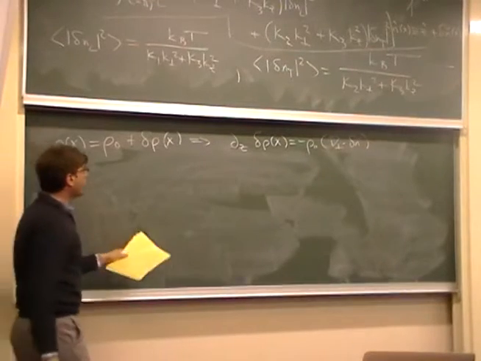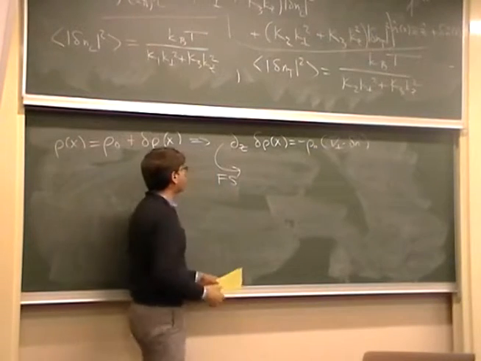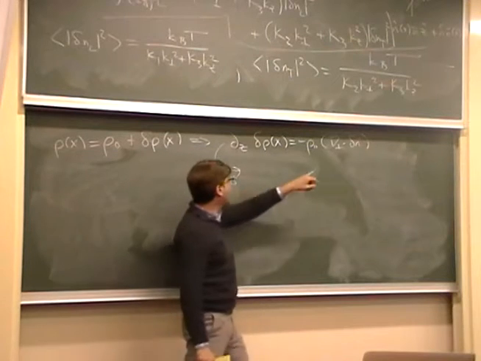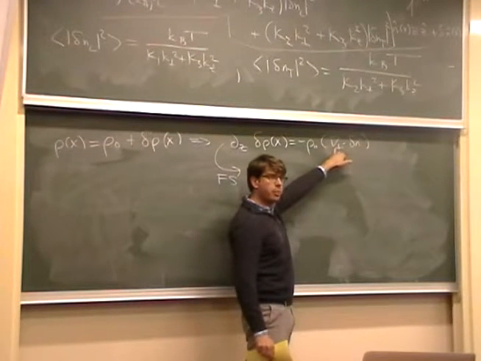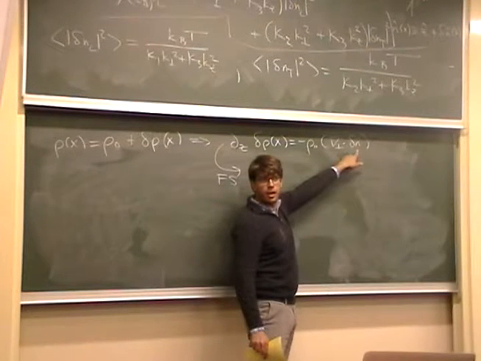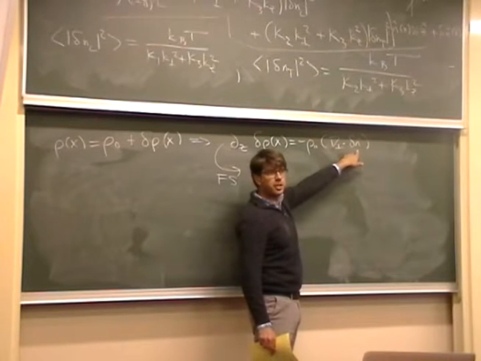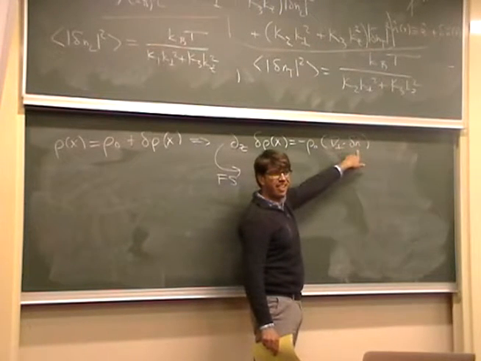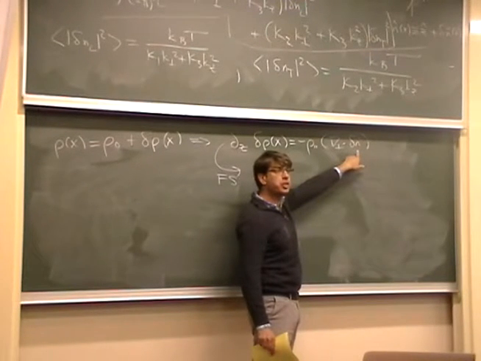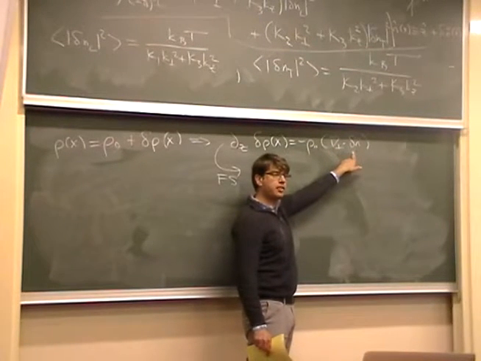Great. So now we'll go to Fourier space. In Fourier space, this z derivative just becomes k z. And in Fourier space, the del perp of delta n becomes i k perp times delta n, but only the longitudinal component, right? So the divergence picks out the longitudinal component.